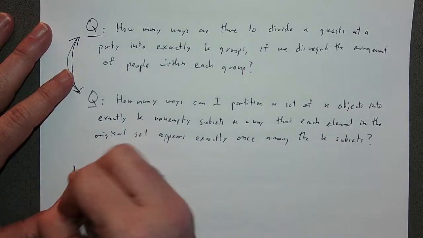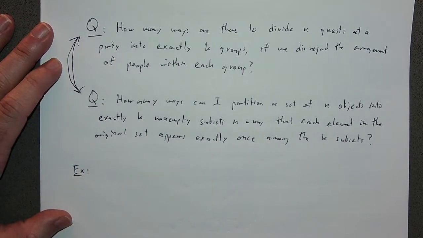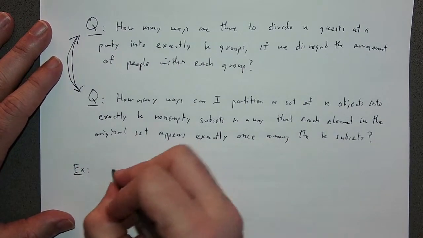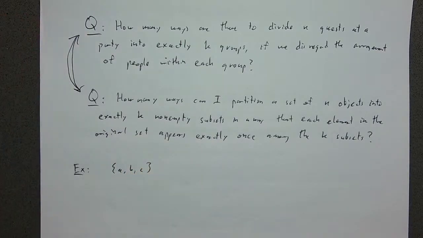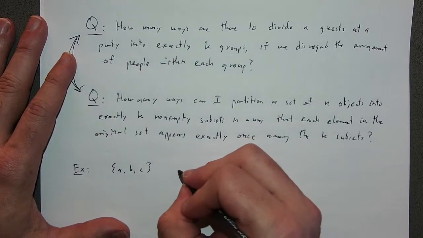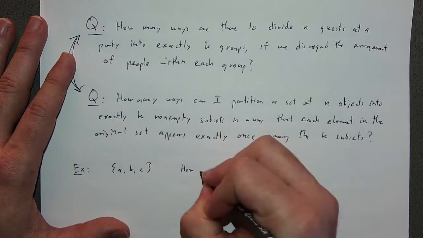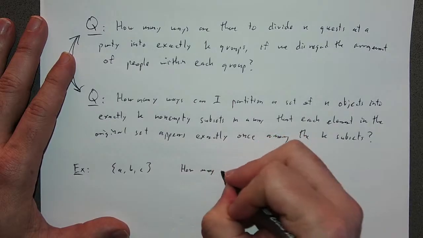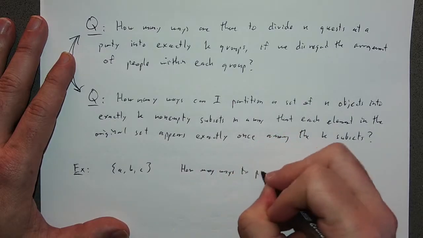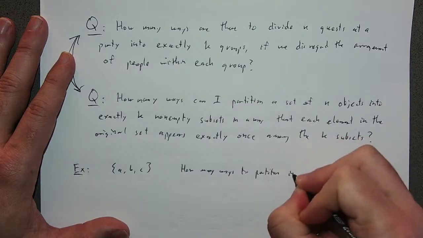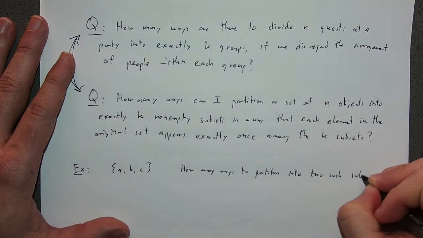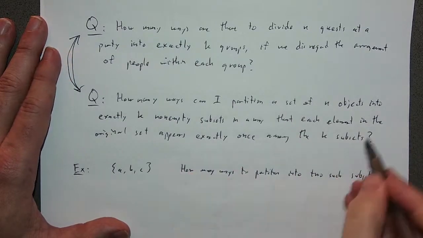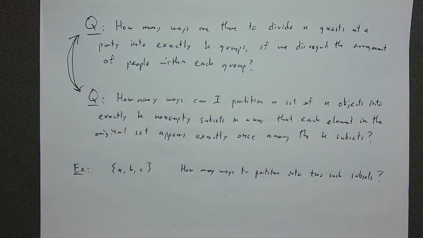So for instance, let's do an example. Let's say we have the set of three elements, A, B, C, and I want to partition it into two non-empty subsets. So how many ways to partition into two such subsets? When I say such, I mean satisfying this question.